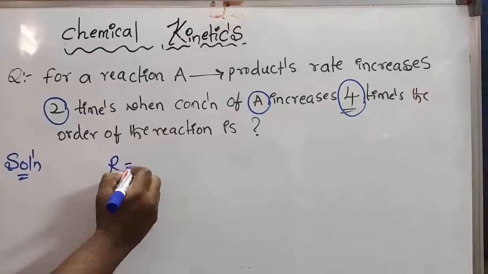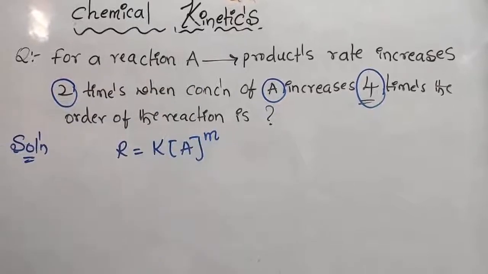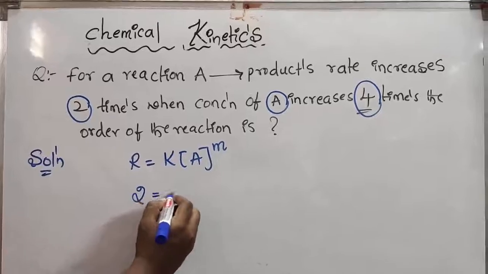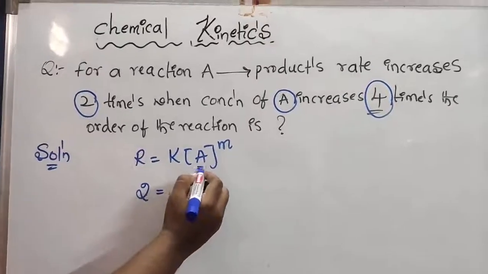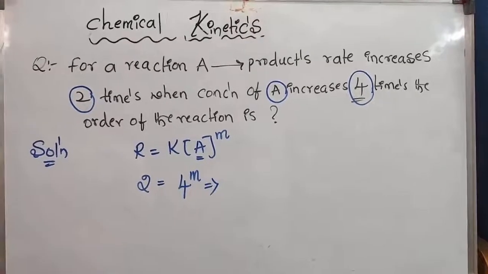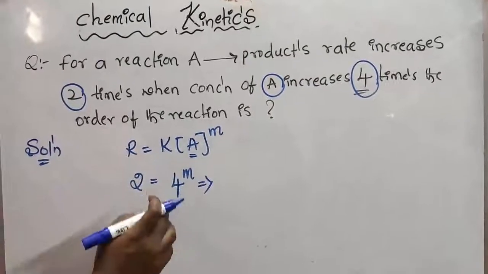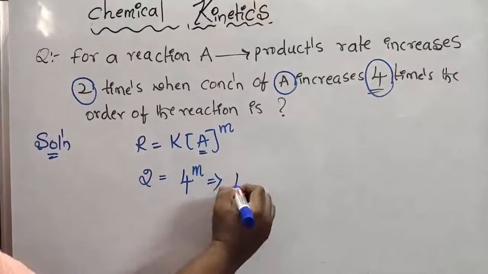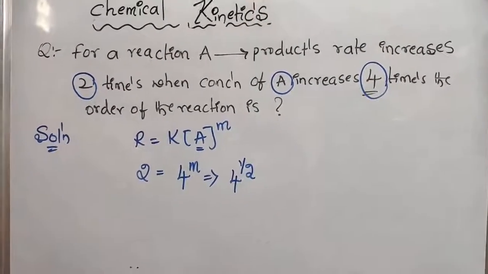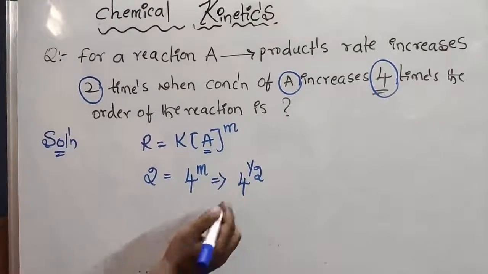Let's take rate equal to k, A to the power of m here. So rate increases 2 times only, but concentration of A increases 4 times. What is m? For this to be equal, what should we do? 4 to the power of 1 by 2 means root 4 equal to 2.